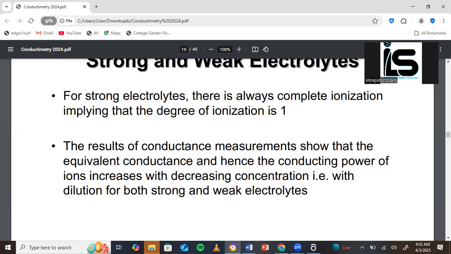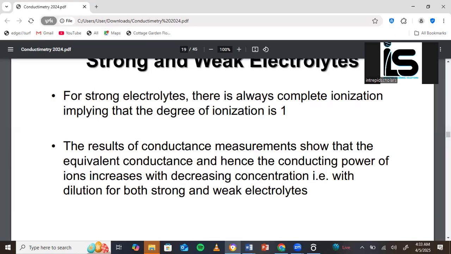But for a weak electrolyte, because a weak electrolyte is characterized by partial dissociation, upon dilution, apart from preventing the ionic interference, it allows more of the electrolyte to also dissociate. Once more of the weak electrolyte is dissociating, the conductance is increasing.